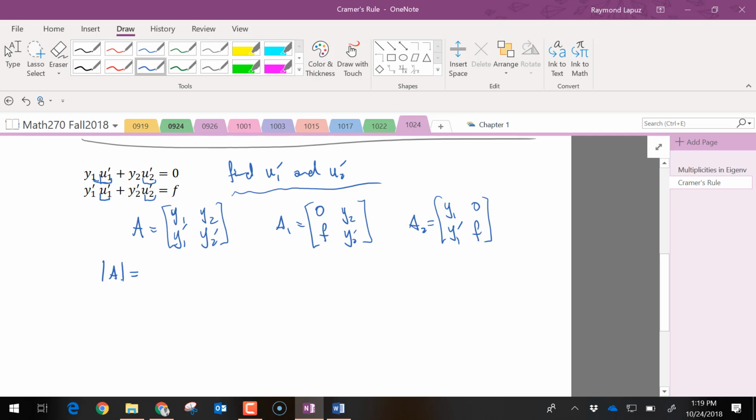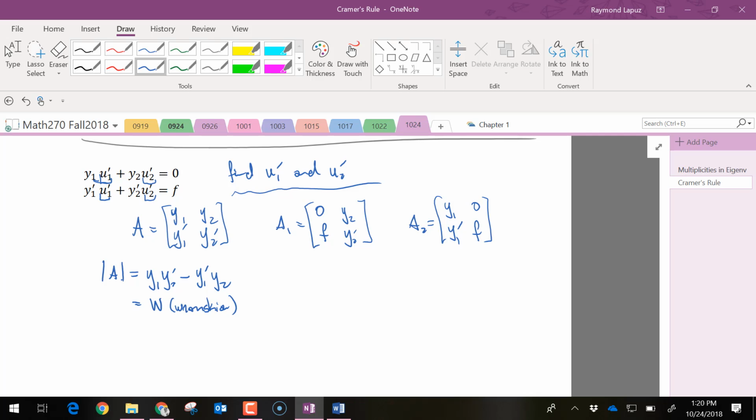So the determinant of this would be y1 times y2 prime minus y1 prime times y2. Not much to simplify there. I think people call this the Wronskian. You can write W for that, or you can just write that whole thing.